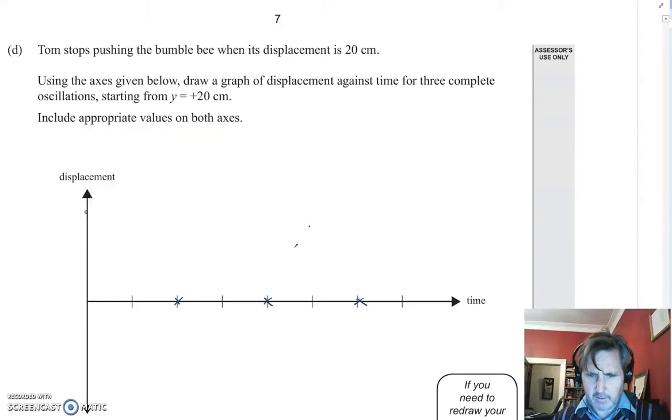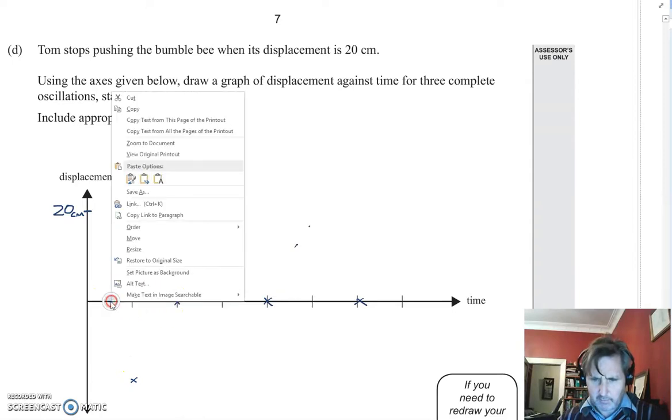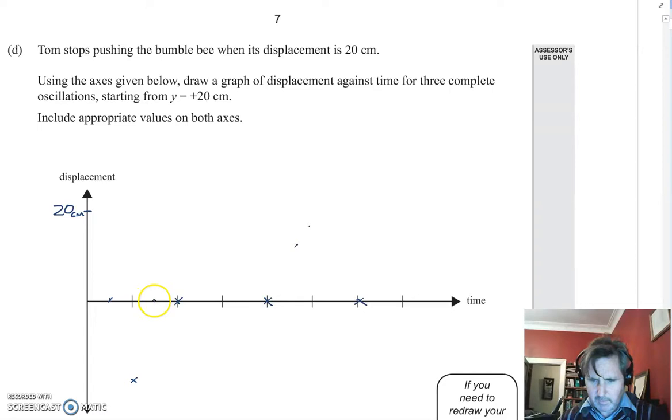So I'm just going to put some values in here that I'm going to use to help me when I draw my graph. So this is its maximum here, okay, and the maximum down here is, so here it's going to go through the middle. Sorry, no, it's not. Here is going to be the maximum on this side, okay, and then here it'll go straight through the middle, and here it'll go through the middle, and up here it's at the maximum again, but the maximum is less each time.